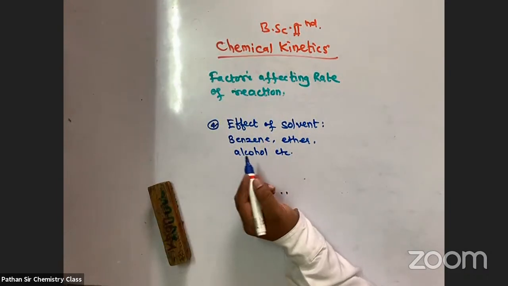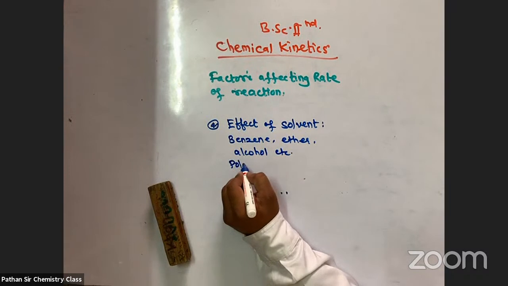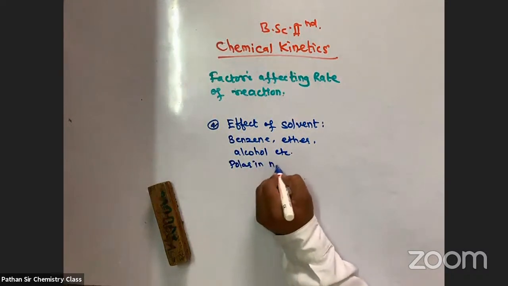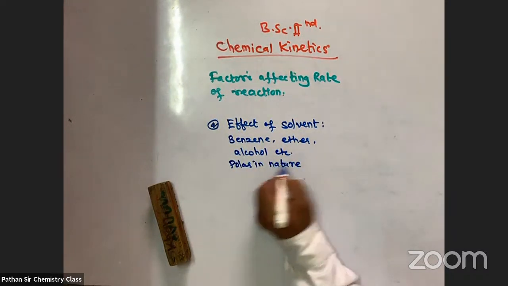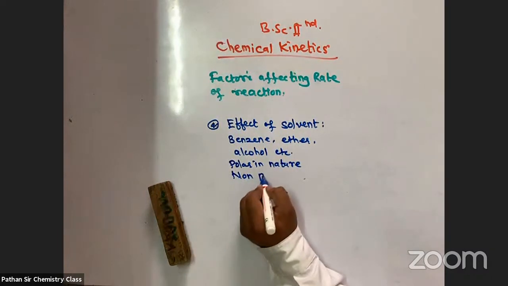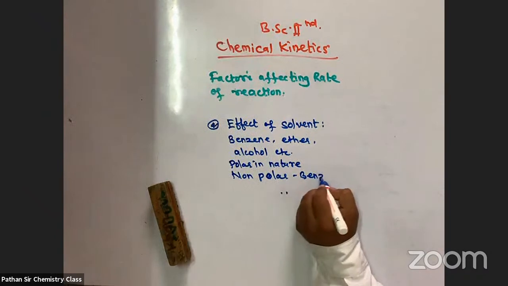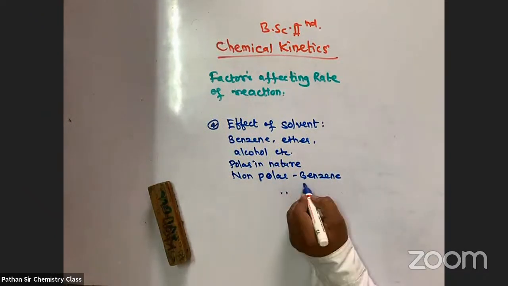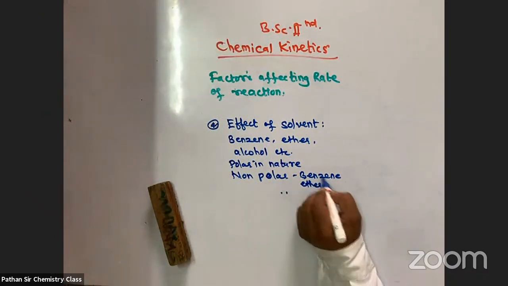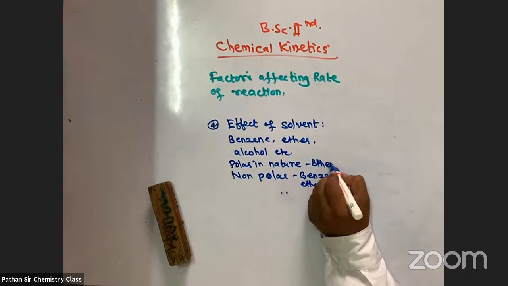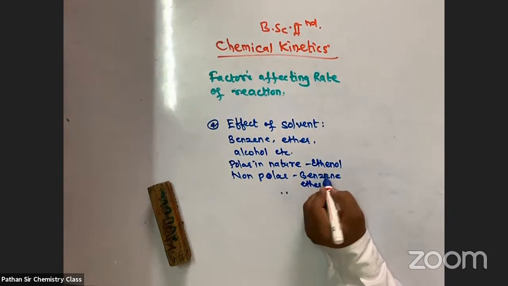Now if you see, some solvents are polar in nature and some solvents are non-polar. Like say benzene is non-polar, ether is non-polar, then ethanol, methanol, chloroform, they are polar in nature.